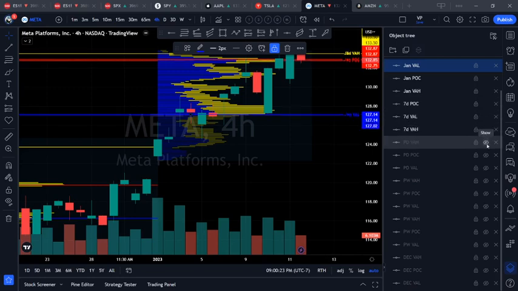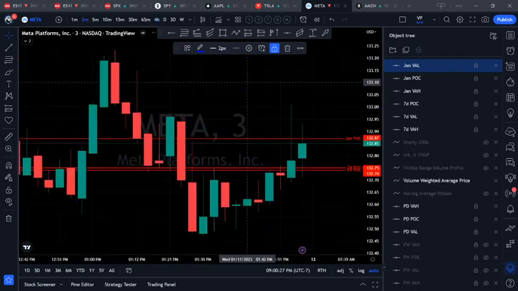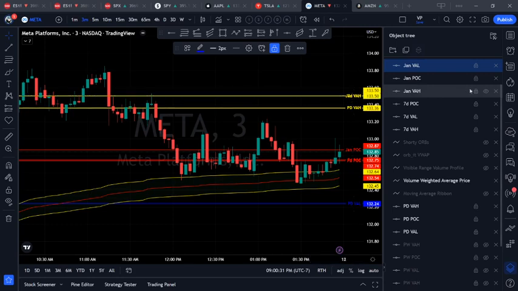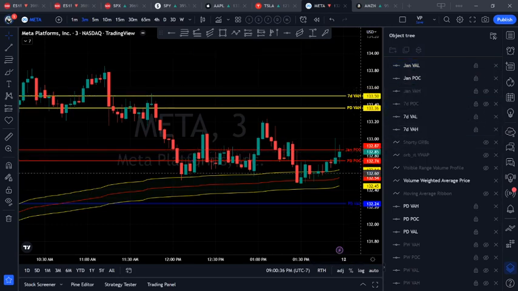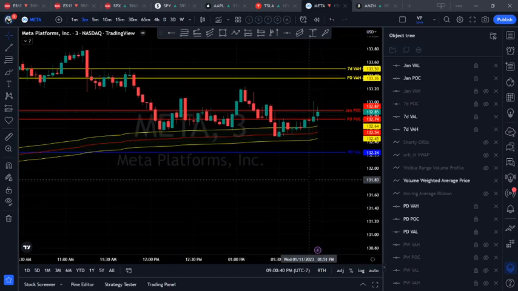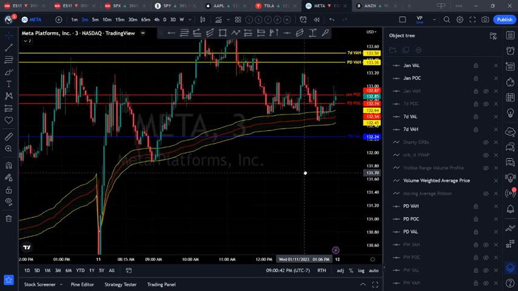Add the rest of these levels to the chart. Move back to the view I like. And we got some overlap here. So I take off the overlap and leave the rest.